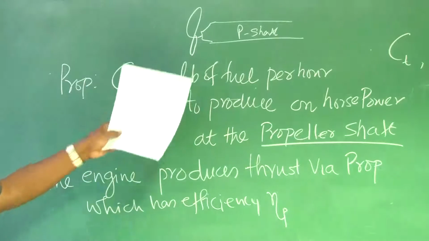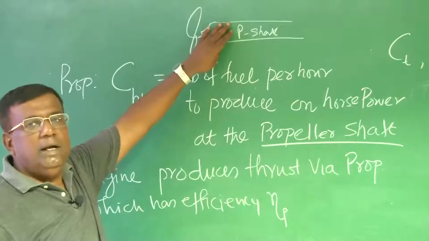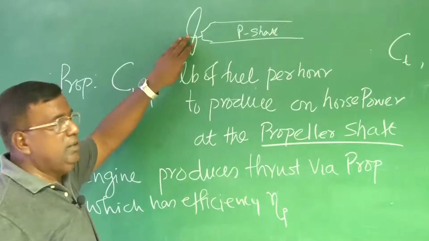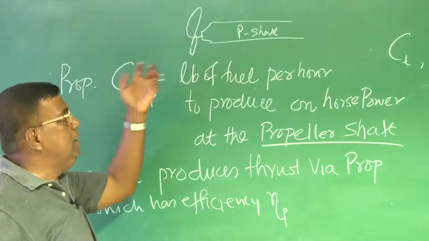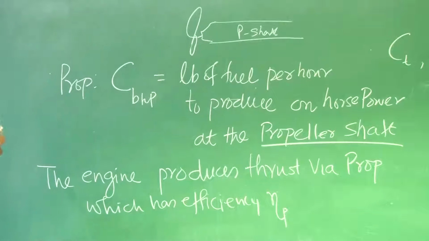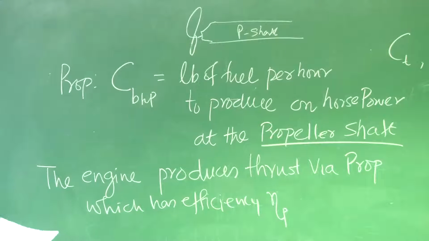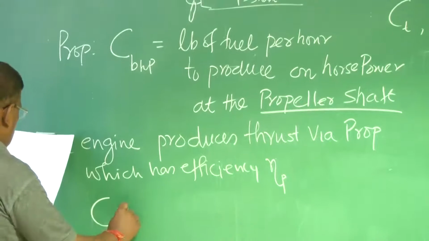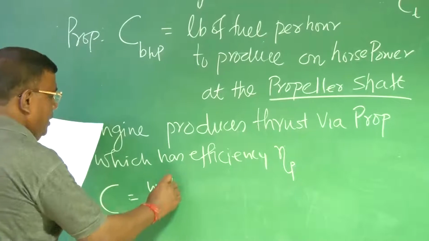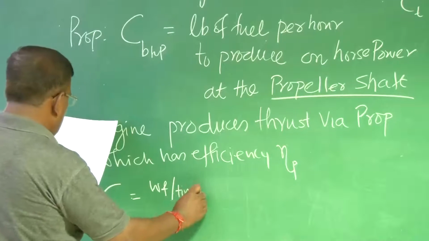And exactly as I was telling, the power available at the shaft and the propeller efficiency will decide how much is extracted. We are now saying the engine produces thrust via propeller which has efficiency NP. This is the question we are going to address, so that I have a similarity in my understanding between CT and CBHP.